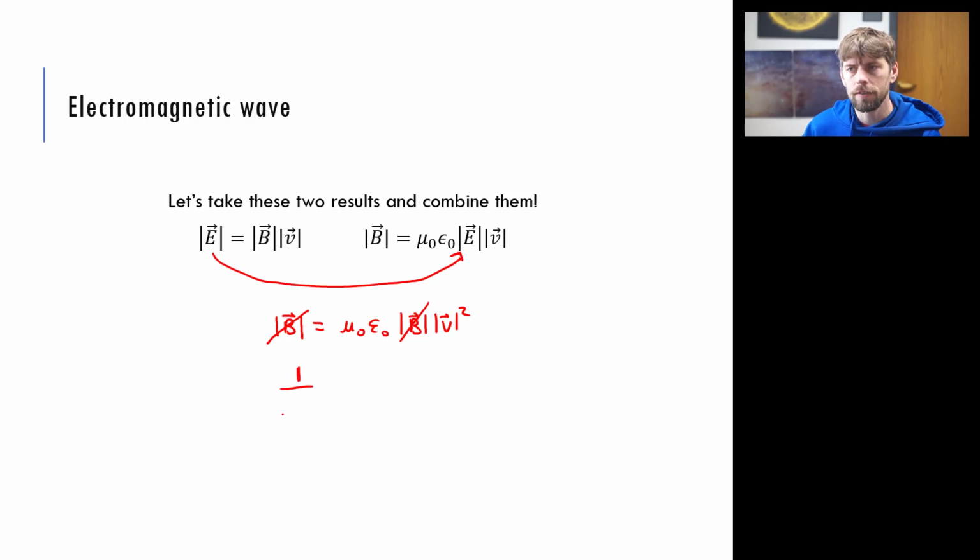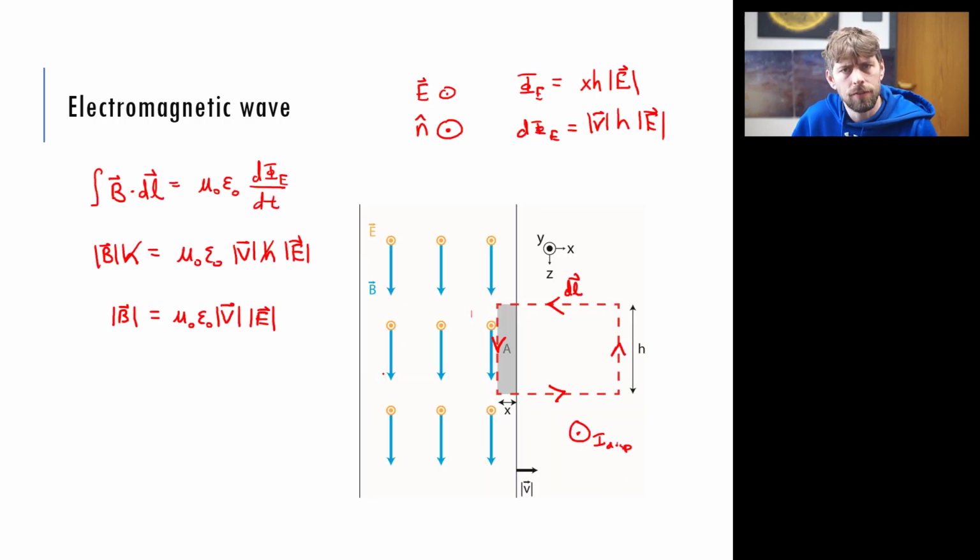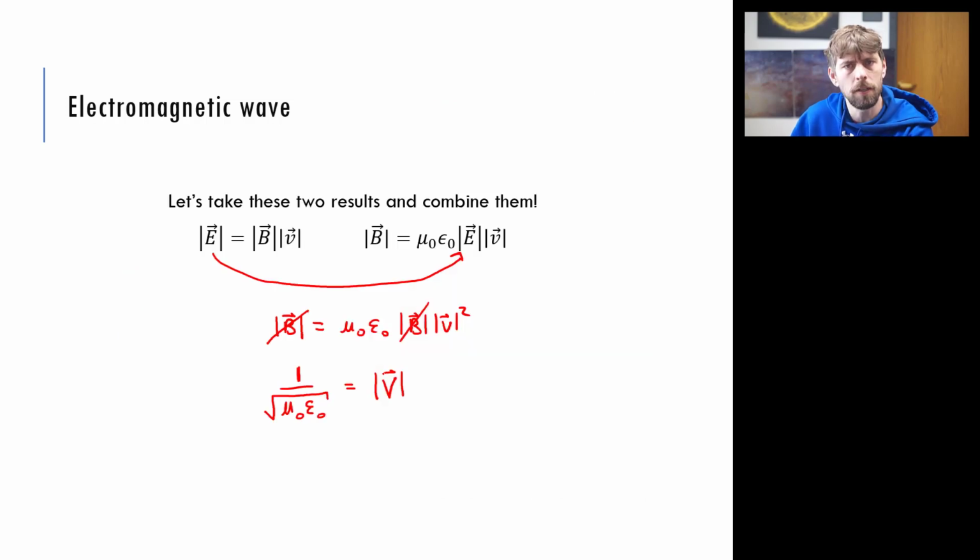I find that 1 over the square root of mu naught epsilon naught is equal to the speed. My very contrived slab of electric and magnetic fields has a restriction. That slab, that region of space that has electric and magnetic fields, must travel at this speed.